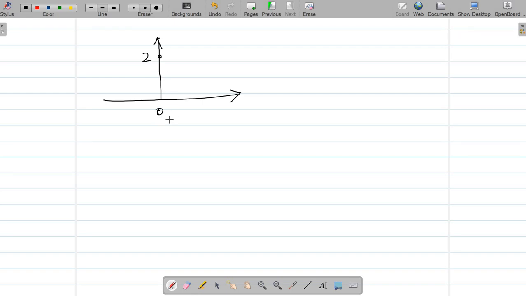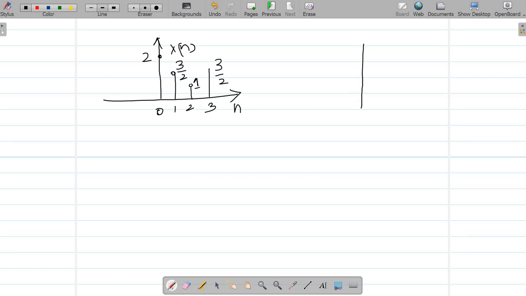At n equal to 0, I am having a sample 2, and at 1, let us say I am having a sample magnitude of 3 by 2. Then at 2, I am having a value of 1. Then again at 3, we are having a value of 3 by 2. Now this is x of n and this is n.